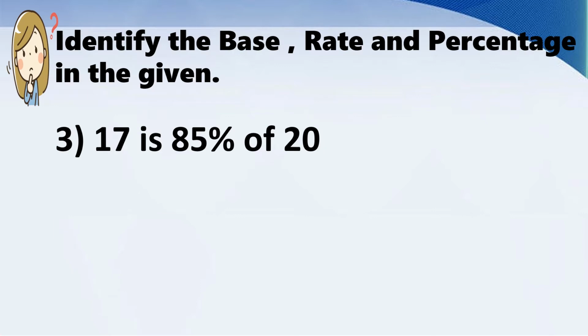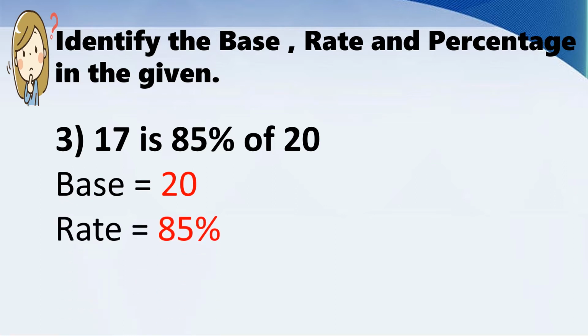And lastly, for item number 3, 17 is 85% of 20. Let us identify which is the base in the given. 20 is the base. Good job. How about the rate? The rate in the given is 85%. You are correct.